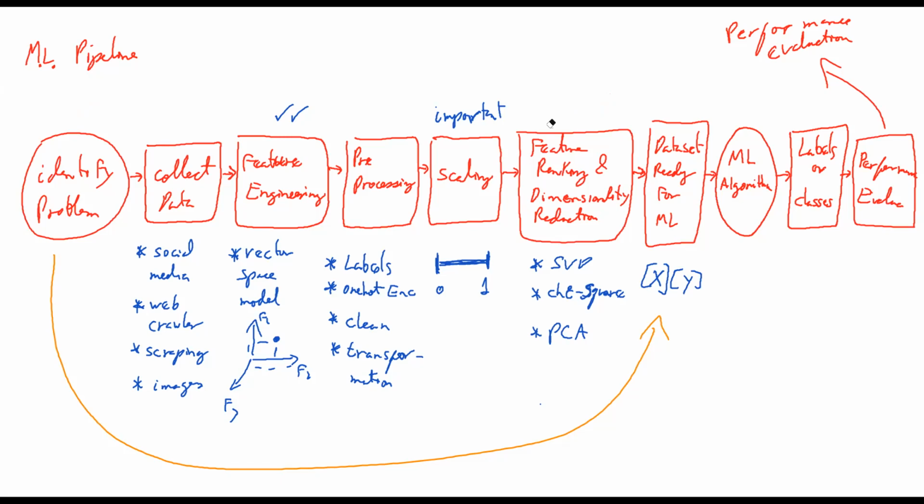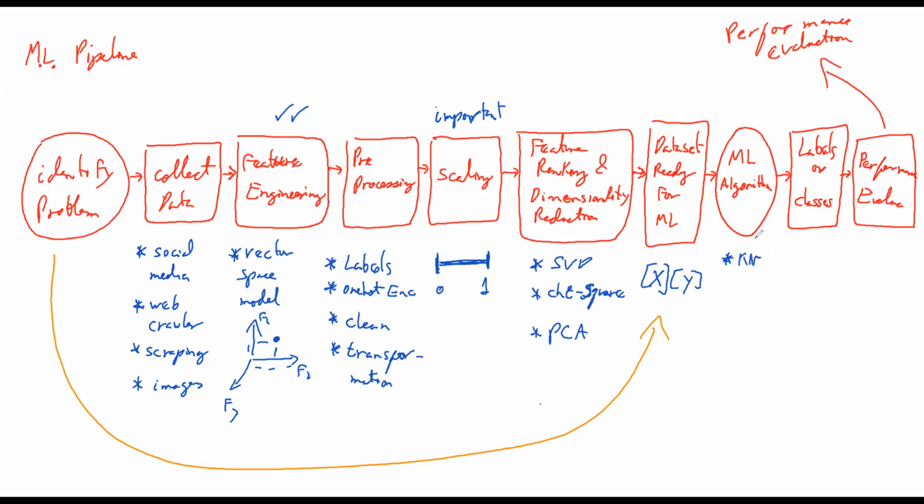All right, so once this is done, which is what we're covering today, let me go back to blue. We get into the machine learning algorithms. And when we get into the machine learning algorithms, that brings in KNN.